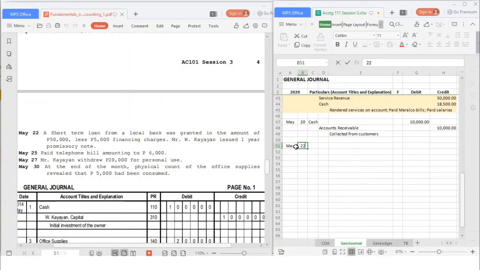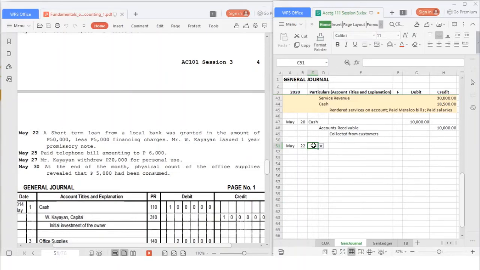Now, you have more than two accounts affected here. First, what did you receive? You received a loan, which is in the form of cash. Now, take note, the loan you received had 5,000 deducted as financing charges. That financing charge is already your expense. So your cash increased, but your expense also increased. Another thing is you issued a promissory note, meaning your debt increased. Since it is a promissory note, the affected account is notes payable.